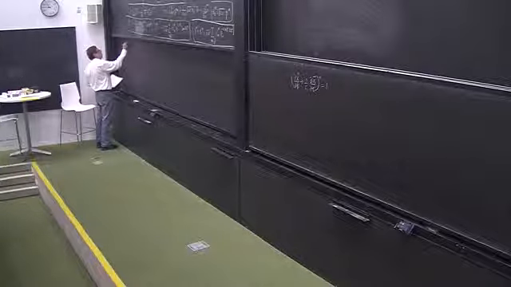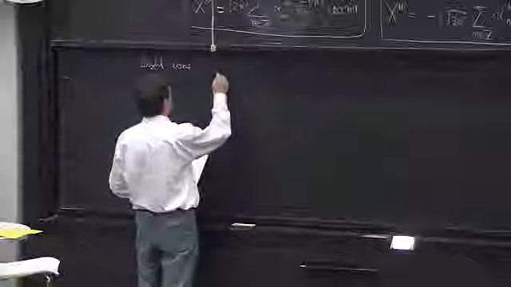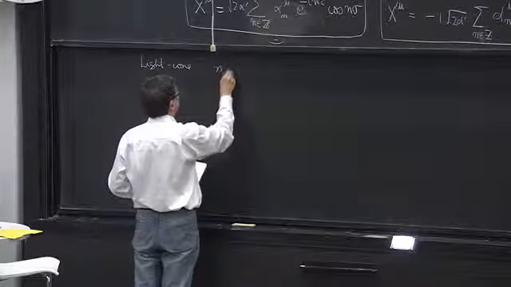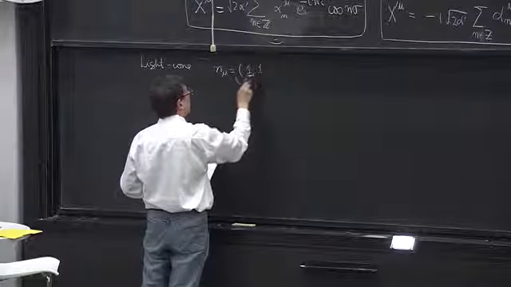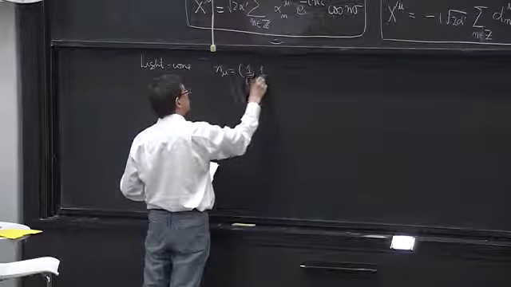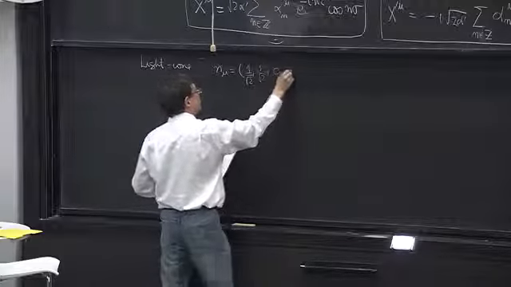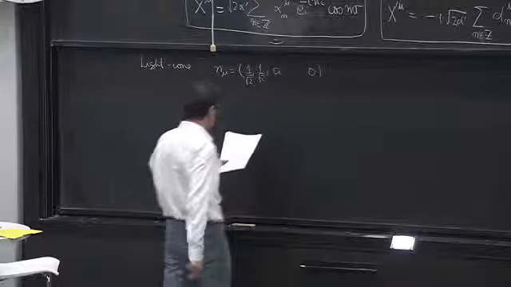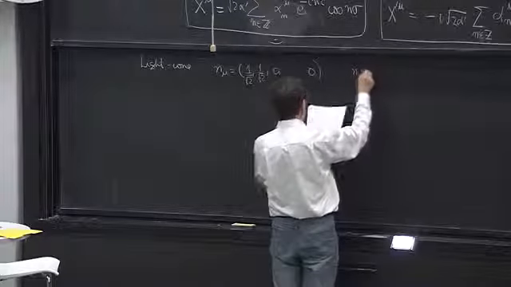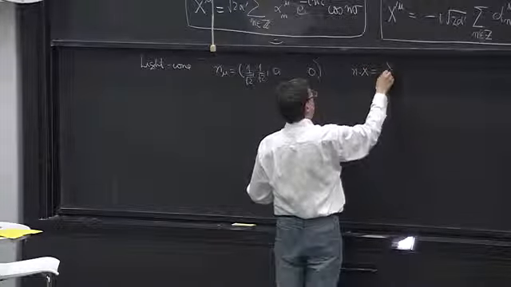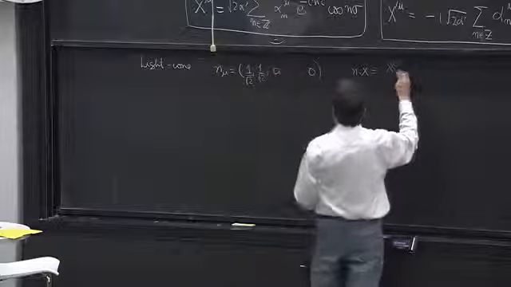So, light cone. This time for light cone, we're going to choose the vector n to be 1 over square root of 2, 1 over square root of 2, 0, 0, 0, 0, 0 everywhere else. So n dot x is equal to x0.